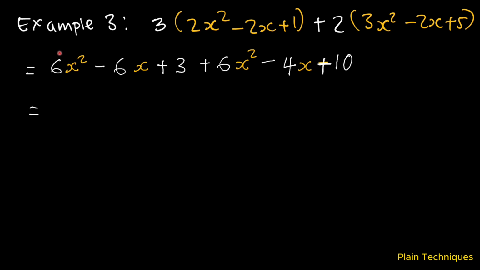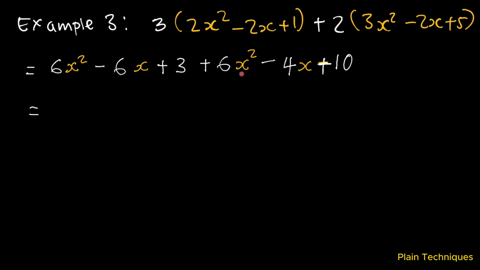So this term contains x squared. Then you need to look around. Do you have any other term that contains x squared? This does not contain x squared. This does not contain x squared. This does contain x squared, right?